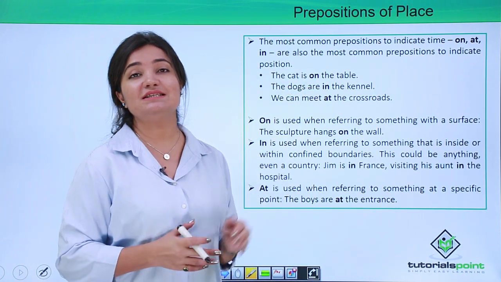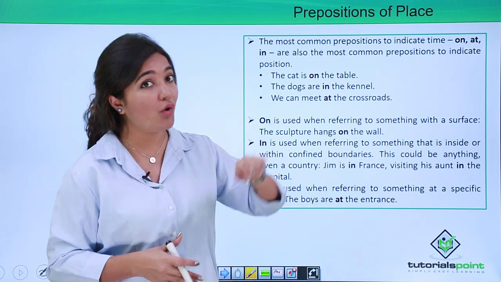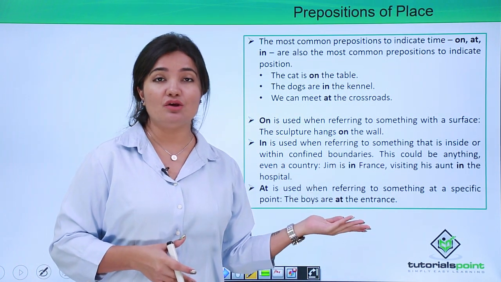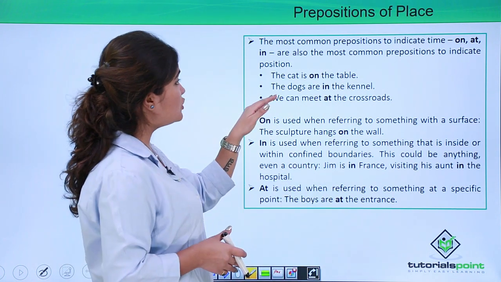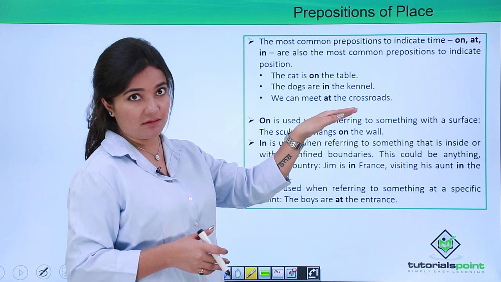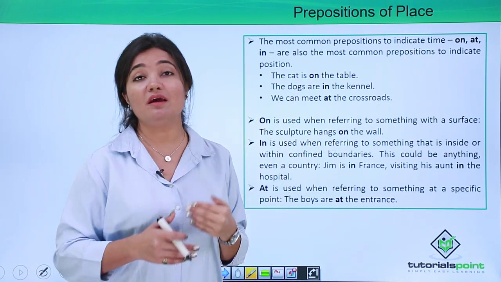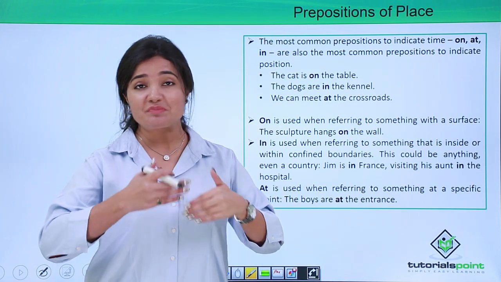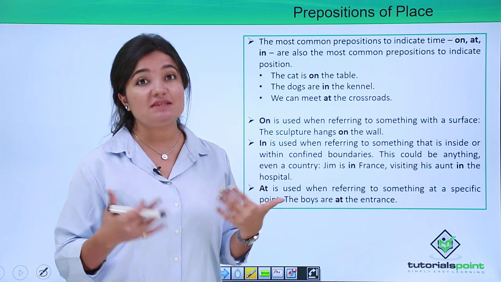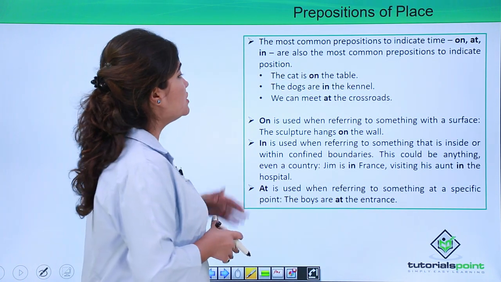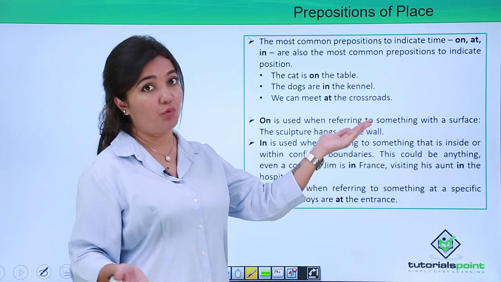So here on is telling you about the place. Obviously it is acting as a preposition of place, though in certain situations it can also act as a preposition of time. Now same goes with the dogs are in the kennel, or we met at the crossroads. So in, at, on, they are also acting as prepositions of place basis the context of the sentence.